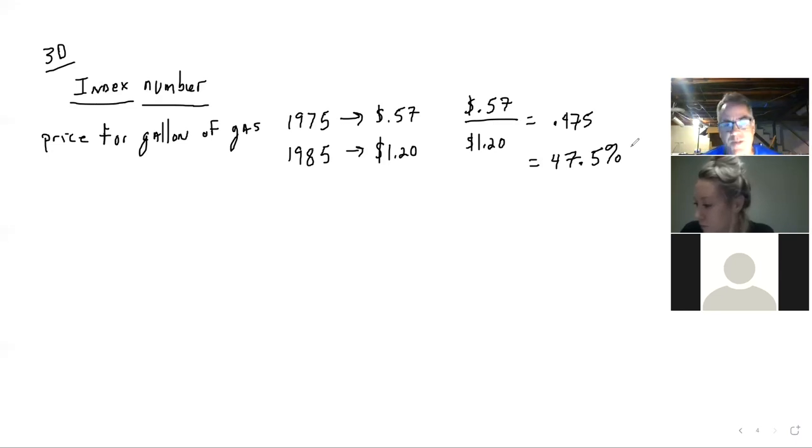So we can say, just on that calculation, that the 1975 price was 47.5% of the 1985 price. Now, I could flip that. I could do it the other way too. I think the book actually does that, but we could do that.